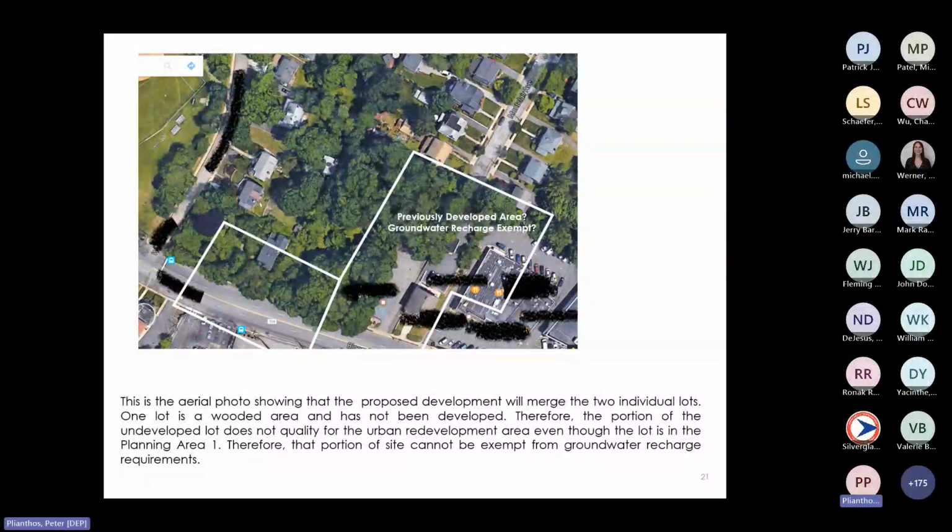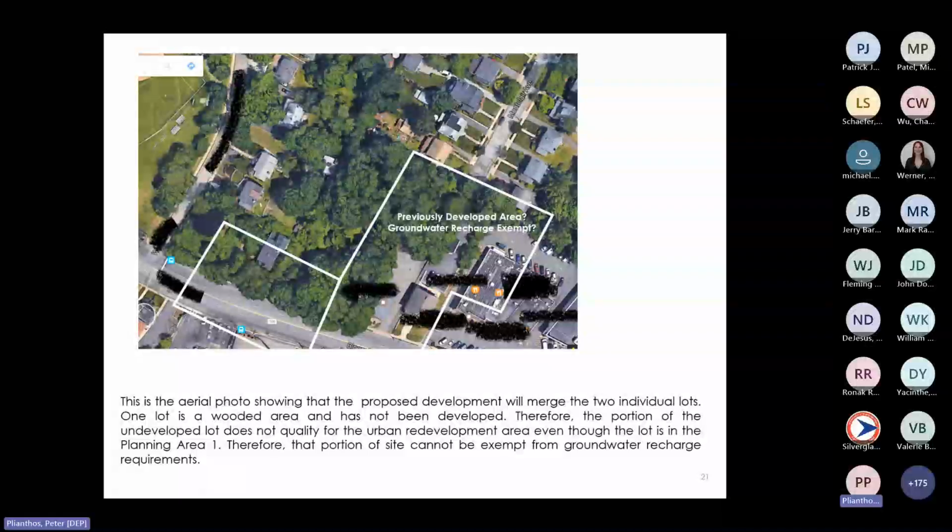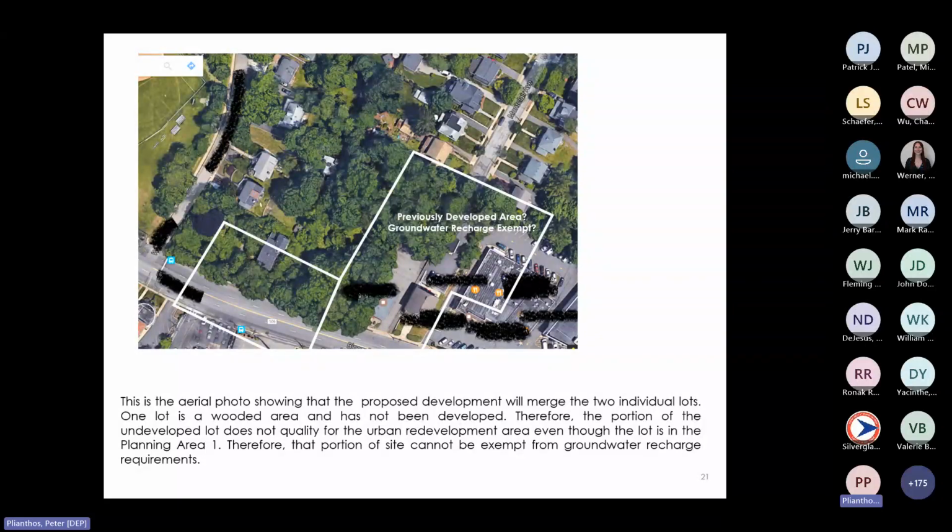One lot is a wooded area and has not been developed. Therefore, the portion of the undeveloped lot does not qualify for the urban redevelopment area, even though the lot is in Planning Area 1. Therefore, that portion of the site cannot be exempt from the groundwater recharge requirements.